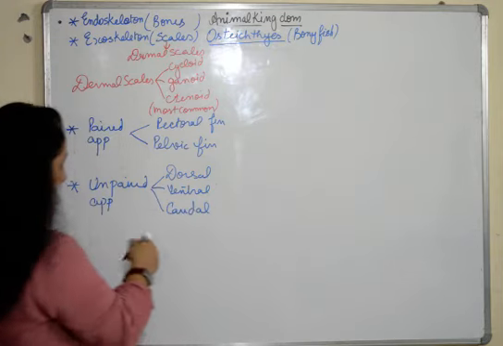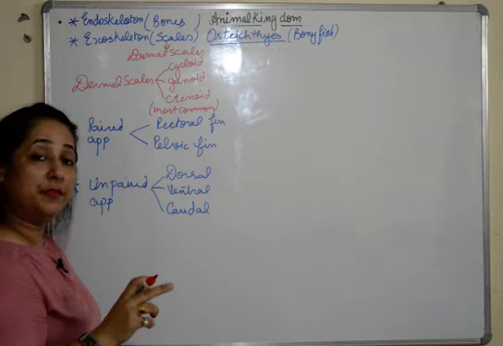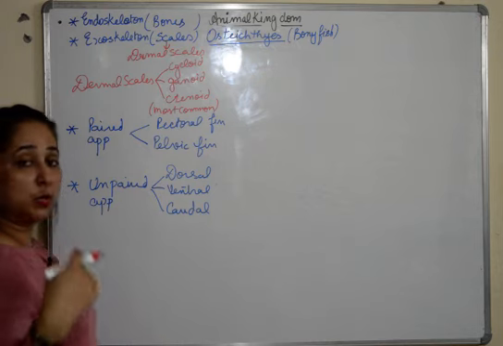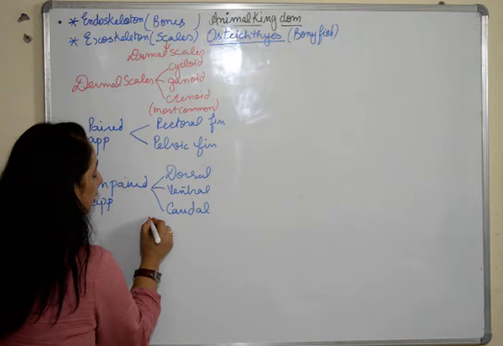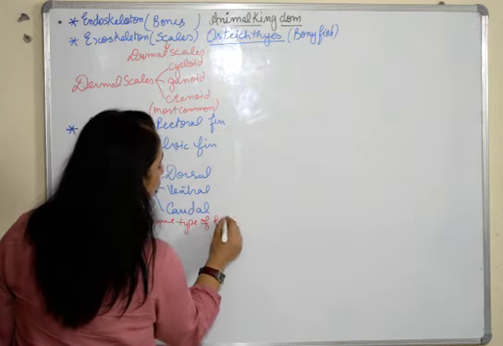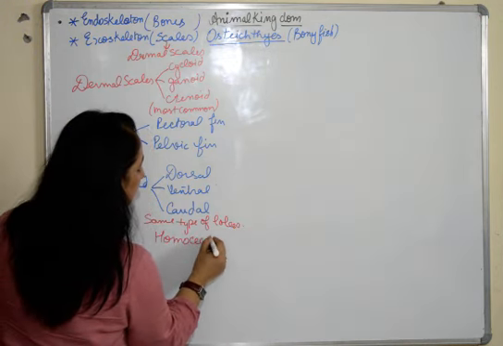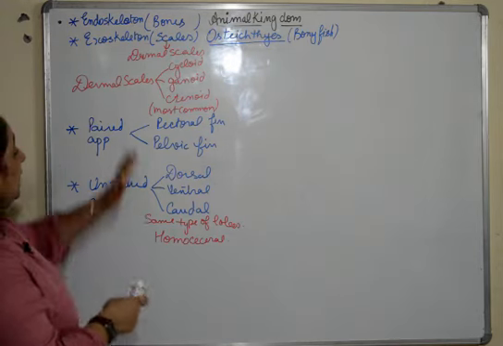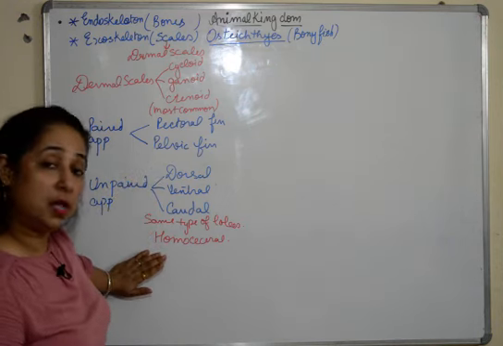But here is a difference. In cartilaginous fish, the caudal fin was heterocercal, that means it has two different unequal lobes, whereas the caudal fin in osteichthyes has the same type of lobes, that means they are homocercal. Other things remain the same: paired pectoral pelvic, unpaired dorsal, ventral and caudal fin.